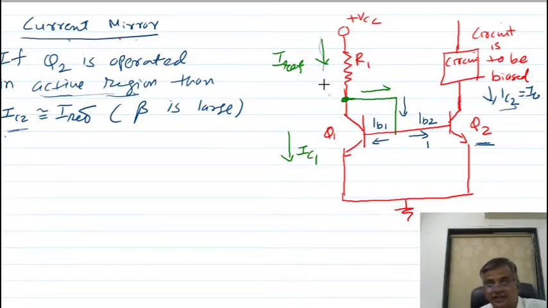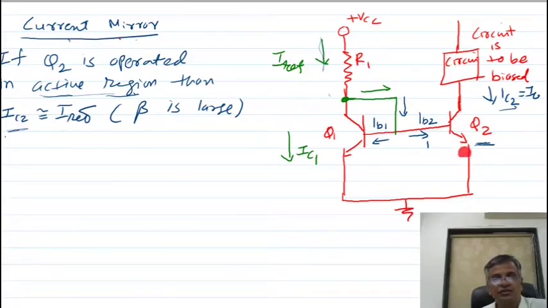Listen, the current passing through transistor Q2, that is IC2 or IO, is nearly equal to I reference when Q2 is operated in the active region and beta is very large.